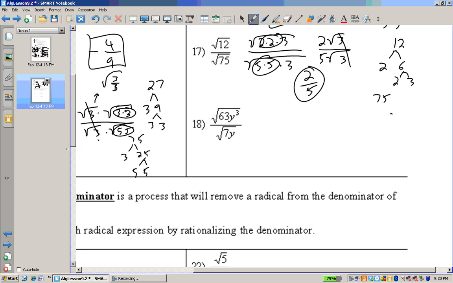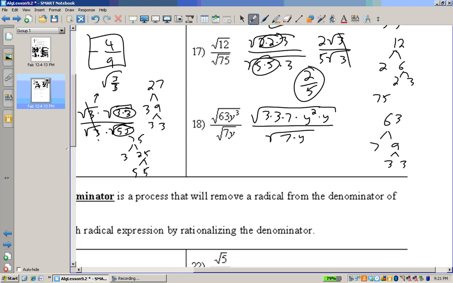Okay, number 18. 63. That is 7 times 9. 9 is 3 times 3. So the square root of, we have 3 times 3 times 7 times y squared times y. On the bottom, square root of 7 times y. Now again, we can pull one of these out, and we can pull 1y out, and that's an odd number, 1.